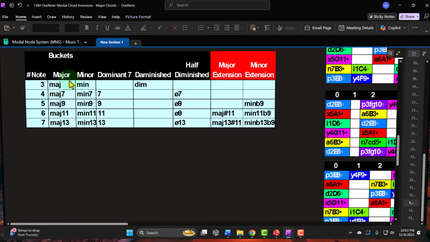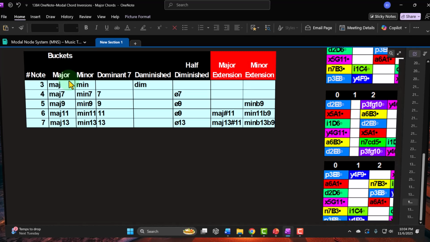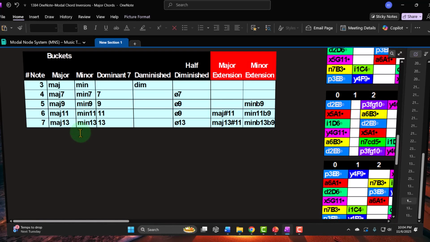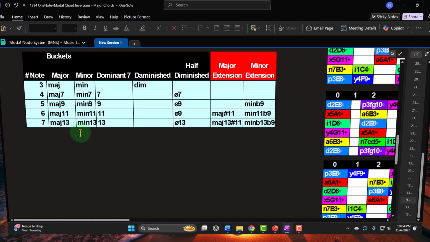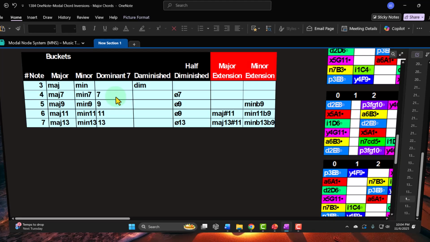In other words, we have the major bucket could be including chords built off of the Ionian, or chords built off of the Mixolydian or the Lydian. The minor bucket could be chords that are going to be built off of the Aeolian node, or the Phrygian node, or the Dorian node. The dominant bucket doesn't have anything up top, because that would be in the major bucket, and then everything else is going to be built off of the Mixolydian node.